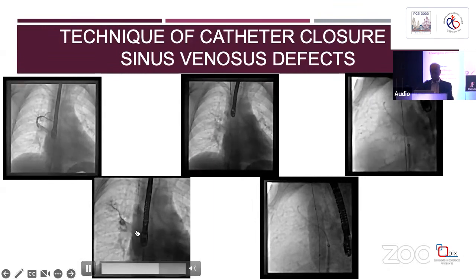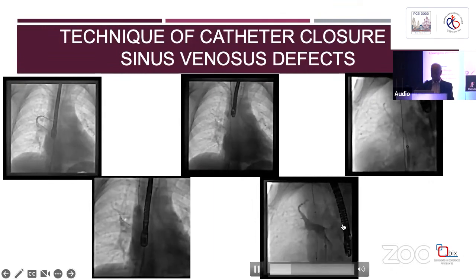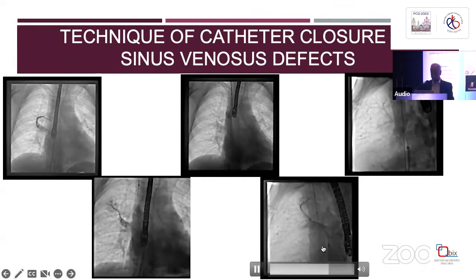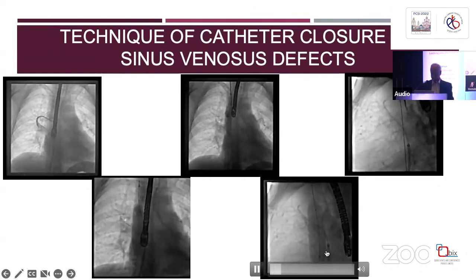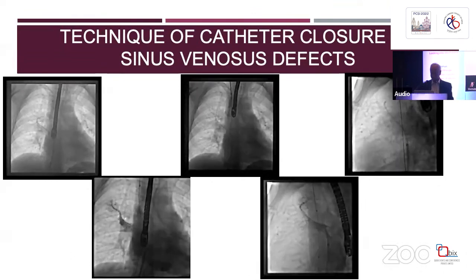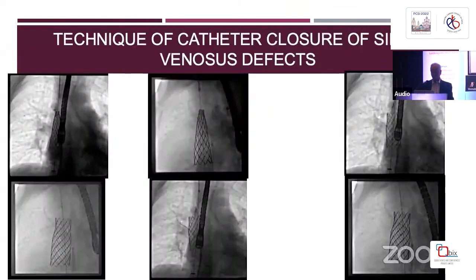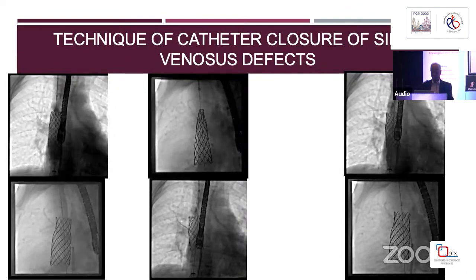With the balloon inflated, you really want to demonstrate that the right upper pulmonary vein is uncompressed and drains solely into the left atrium. This is a non-compliant balloon in position. And then once we're happy with going ahead, here's a covered stent, which is mounted on a BiB balloon, which is then gradually inflated.